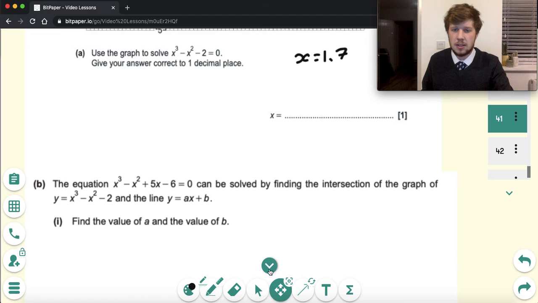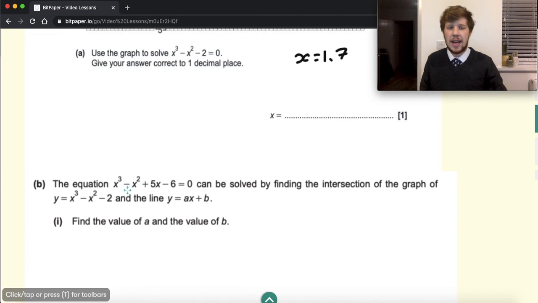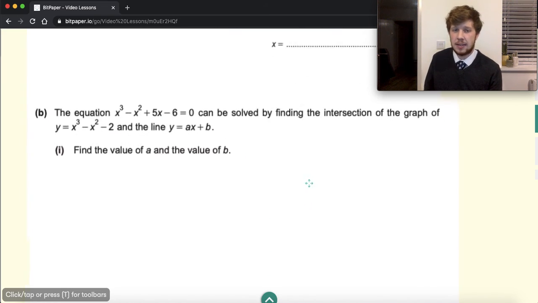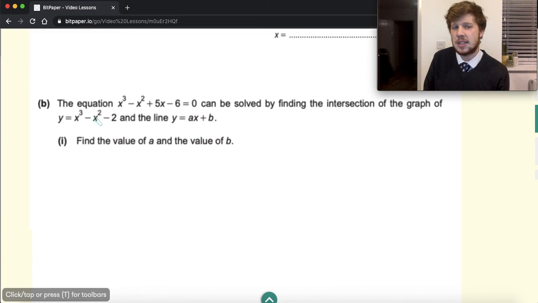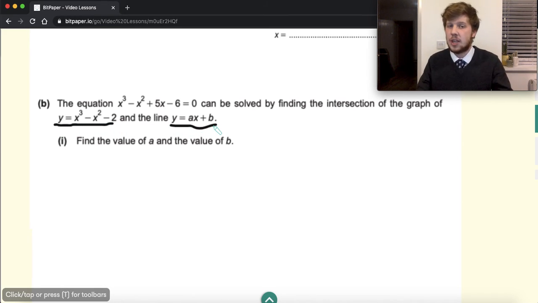The next part says the equation x cubed minus x squared plus 5x minus 6 can be solved by finding the intersection of the graph of the one we've just looked at and a separate line. If I was given a cubic and a linear, the way we would solve this would be we'd set them equal to each other and then rearrange to make it equal to 0.